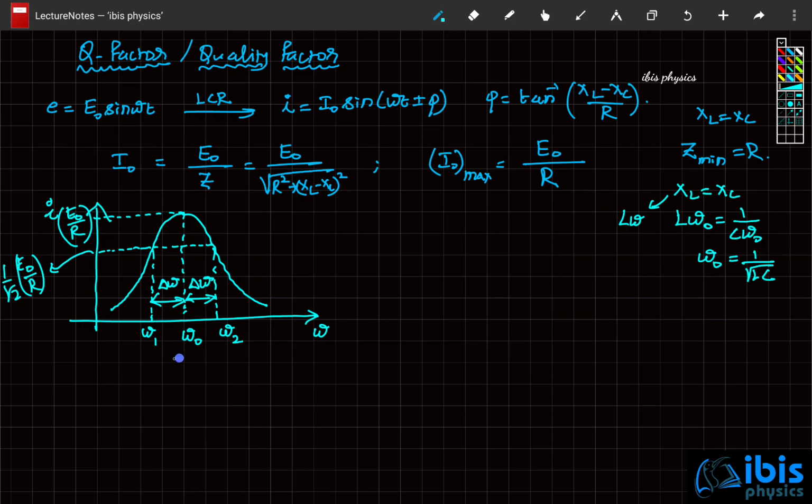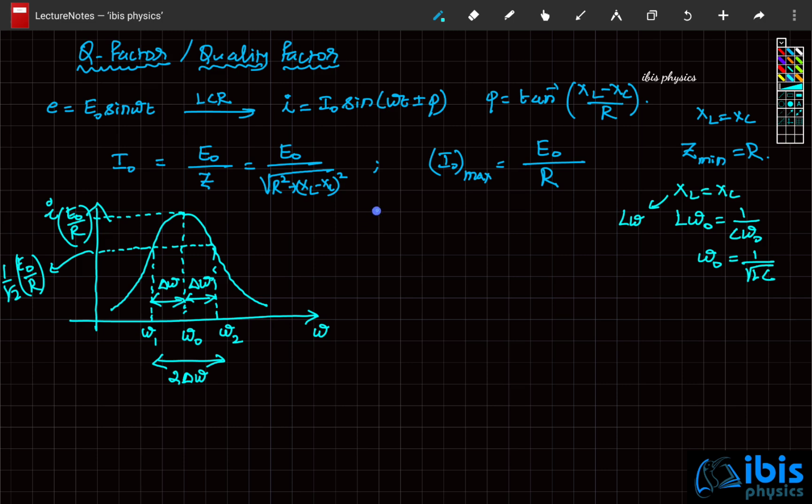This total frequency difference is called the bandwidth: 2 times delta omega is the bandwidth. The narrower the bandwidth, the higher the sharpness of resonance, or the quality factor of the circuit.